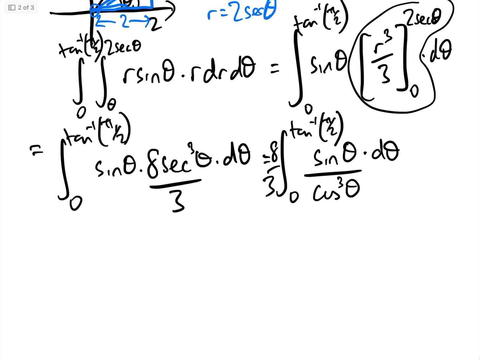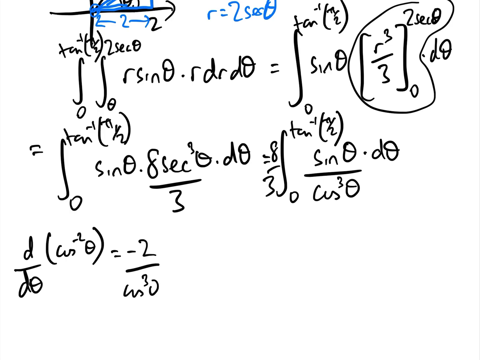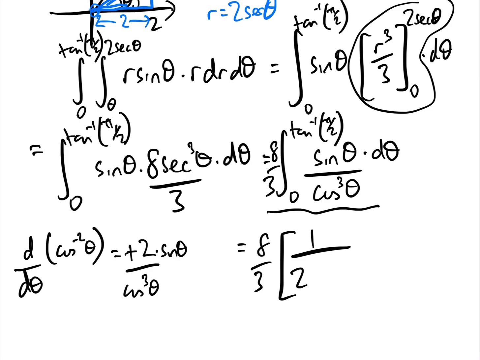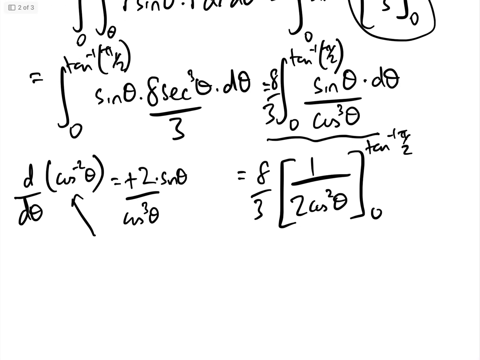So we have to evaluate that. Okay, now just having a look at the differential of cos to the minus 2 theta. Well, that is equal to minus 2 over cos cubed theta times the differential by the chain rule, sine theta, minus sine theta, which gives a plus. And so therefore we know that this integral here is equal to 8 over 3, 1 over 2 cos squared theta from here between tan to the minus 1 pi over 2 and 0.